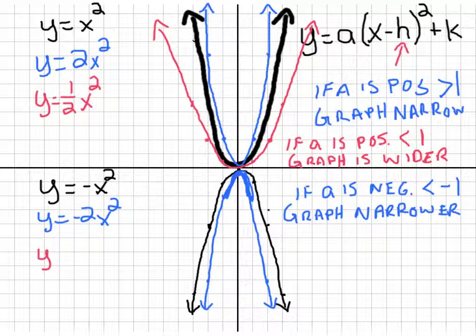Okay, now let's try it with a one that's greater than negative 1, but still a negative. So we'll go y equals negative 1/2 x squared. We'll do that one in red. 0, 0 still works for that one. That's still our vertex, and in fact, that's been our vertex on all of these. But if A in this case were negative 1/2, so if x were to equal 1, 1 squared is 1 times negative 1/2 is negative 1/2.